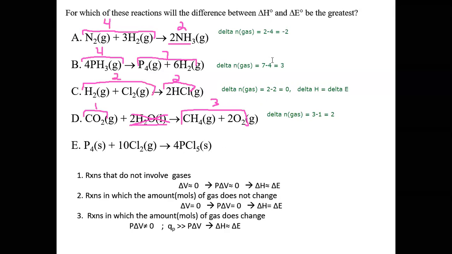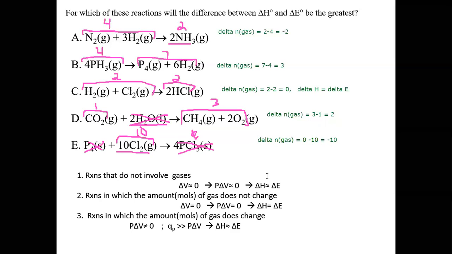And then in our last one, the solid, we don't include. There's a solid on the reactant and product side. On the reactant side, we have 10 moles of gas, and on the product side, we have 0. So the change in the moles of gas is 0 minus 10, which is -10.